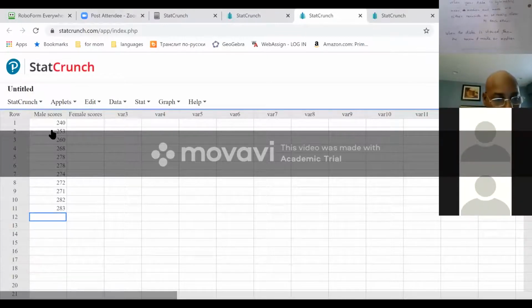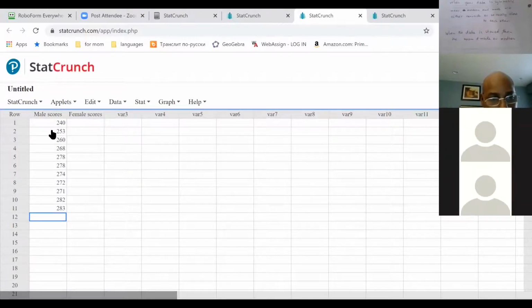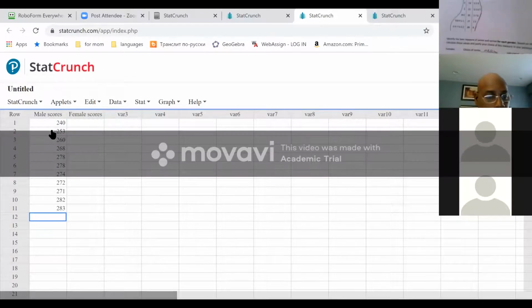Yeah, but I could do it on the calculator, but I see that later we're going to calculate the spread, so I don't want to do the spread by hand.